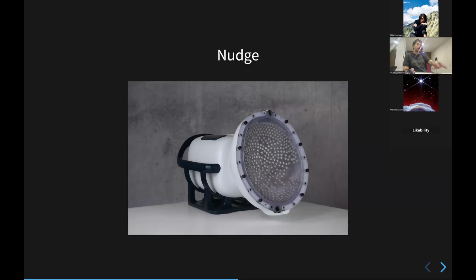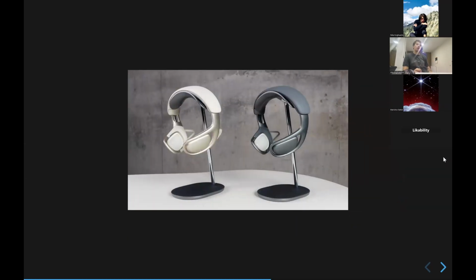But Nudge specifically is unique because they are aiming to make this consumer grade. They want this to eventually cost around $1,000 so that any person who really needs it can just buy it, have it at home, and put on the headphone whenever they want and get rid of the pain, so that you wouldn't have to visit a clinic and have a doctor set it up.